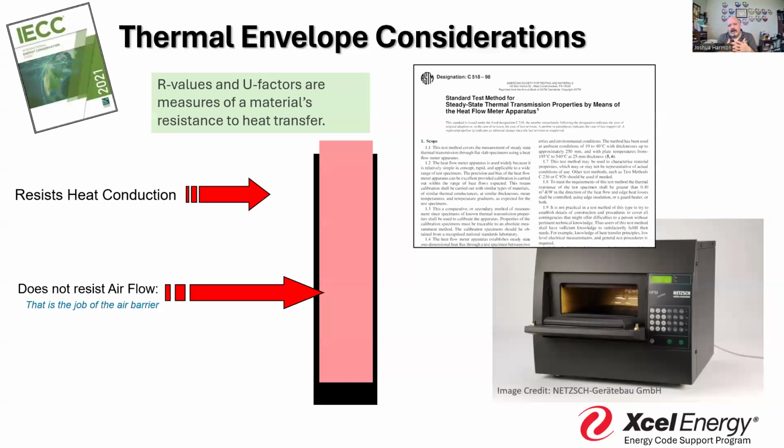And inside that concept, we understand that the thermal envelope isn't just doing one thing, it's doing multiple things, right? It's not just resisting. A lot of the first thing we think about with the thermal envelope is thermal heat conduction, how we're resisting heat movement and heat control, or temperature control, right? When it's cold outside, which isn't very often, but it's becoming more often than it used to be, we want to control the heat inside.